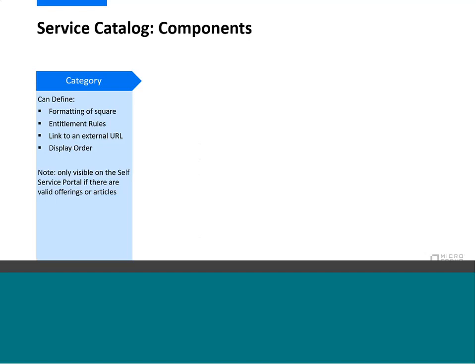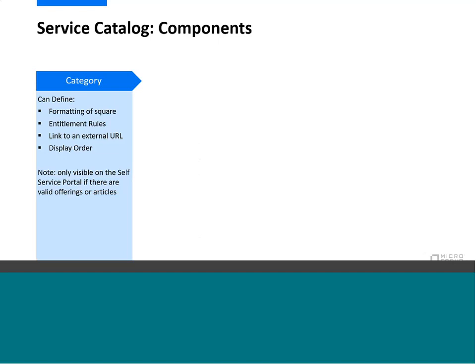You can also set the display order over all of those, and potentially make it a link out to an external site. The other thing that we have are entitlement rules, so you can use that to see who can see either that category and anything below it. We're not going to talk about entitlement rules today, but I think it's one of those topics that's a good thing to do its own session on at a later date.